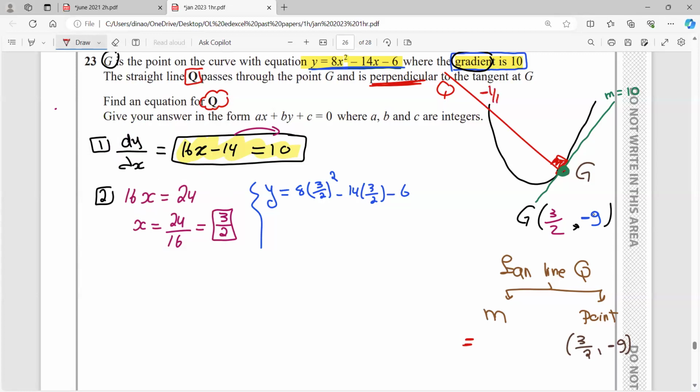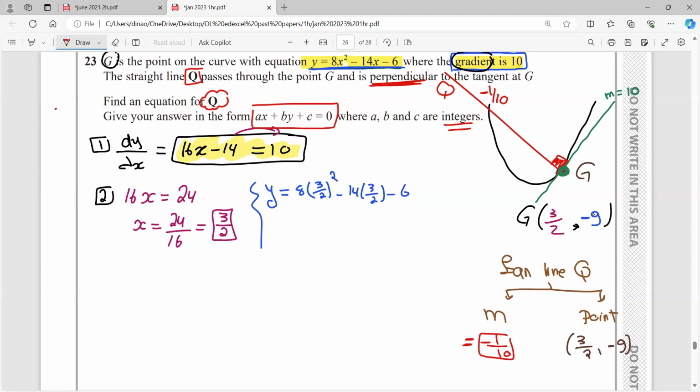So the gradient of the red line is negative 1 over 10. Find the equation of line Q and give it in the form ax plus by plus c equals 0, where a, b, and c are integers.